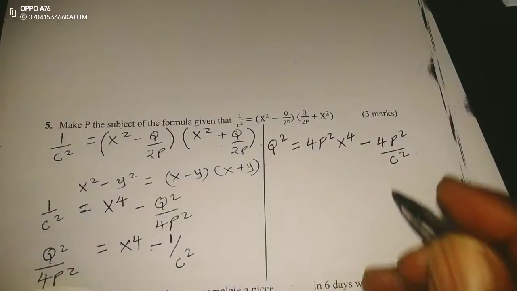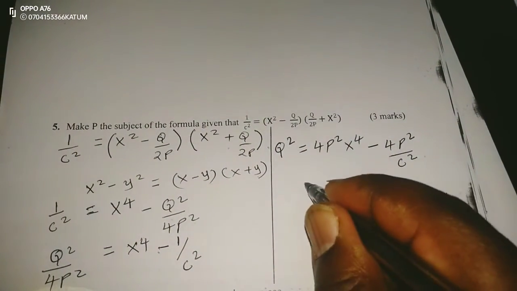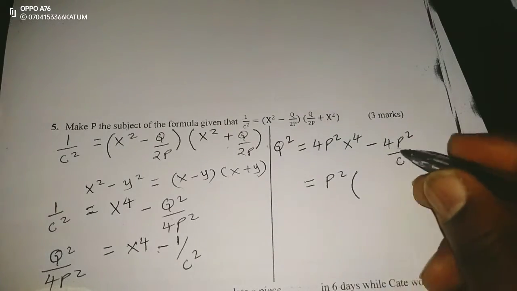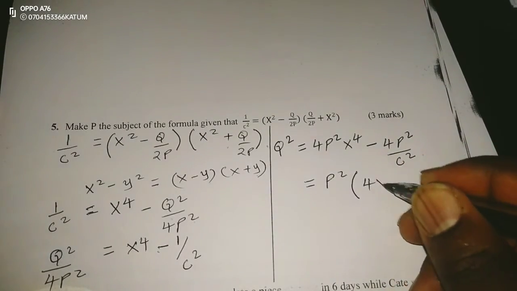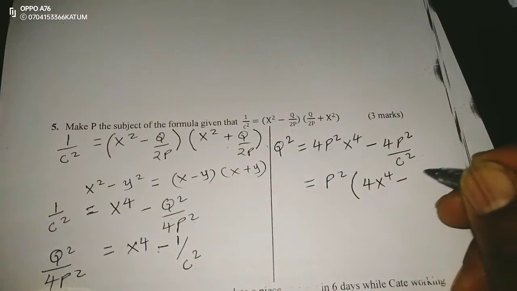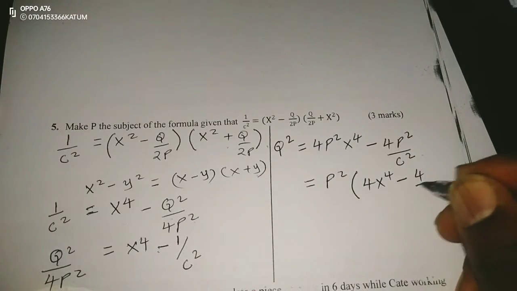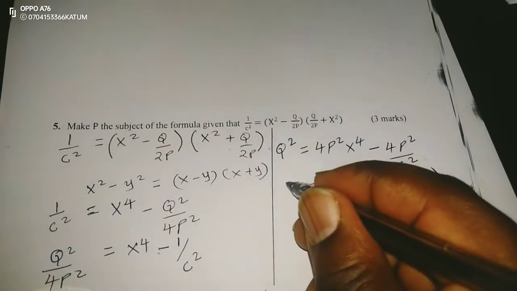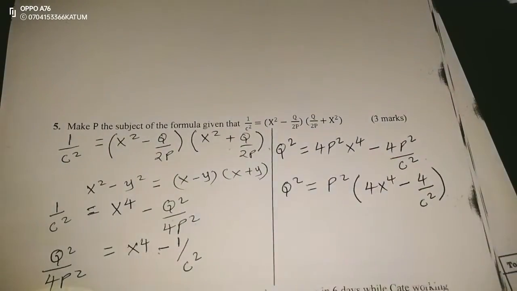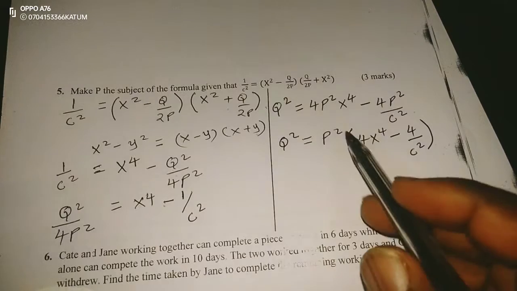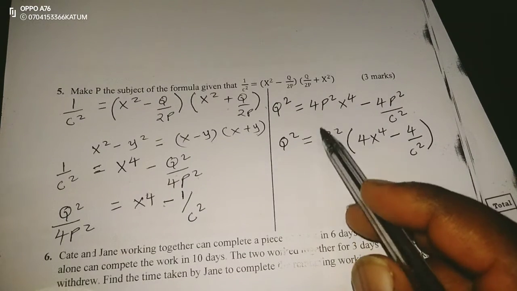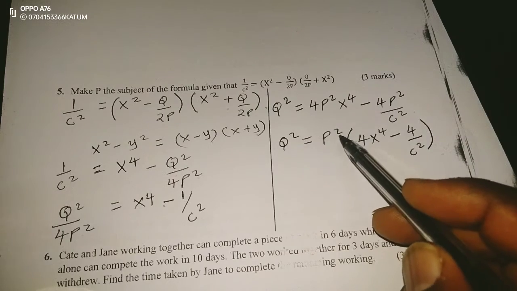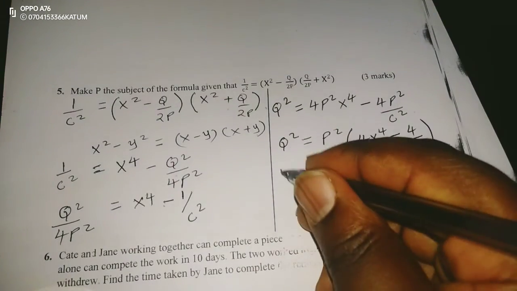Then with this we can factor out p squared, so that we have p squared, and here we remain with 4x power 4 minus 4 out of c squared. This side, remember, there is q squared. We want to remain with p, so we can divide through by the coefficient here, to remain with p squared.